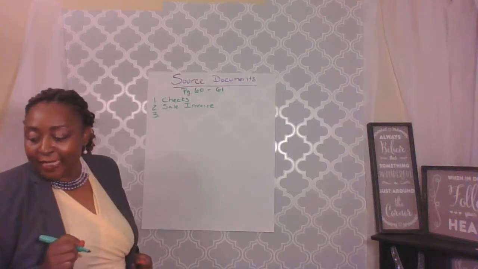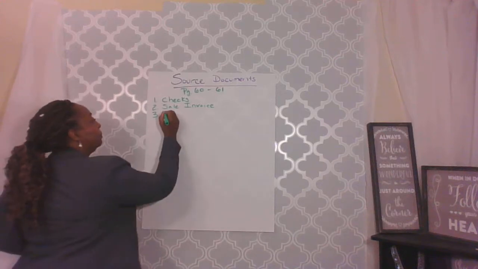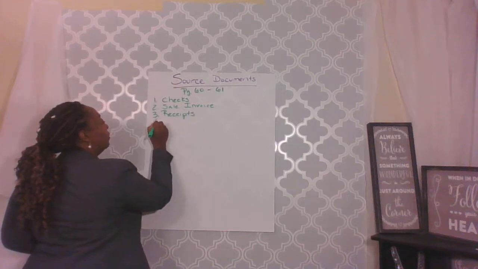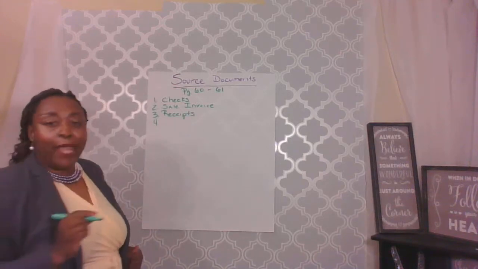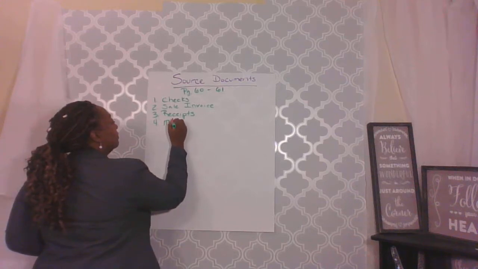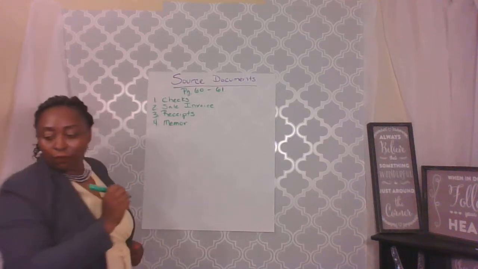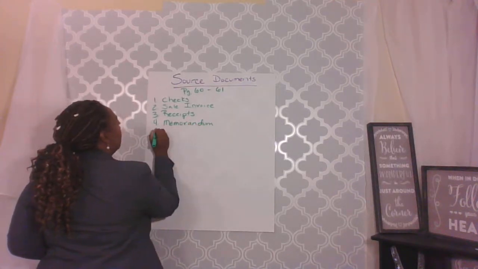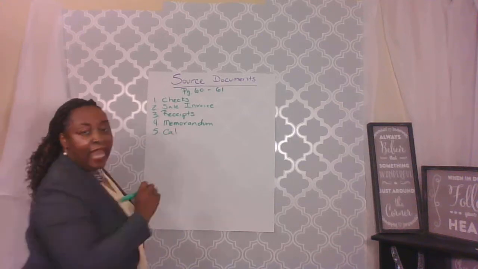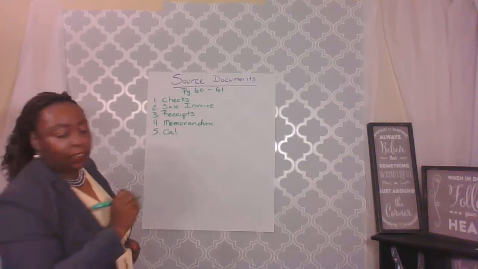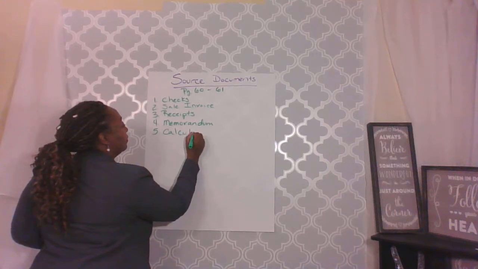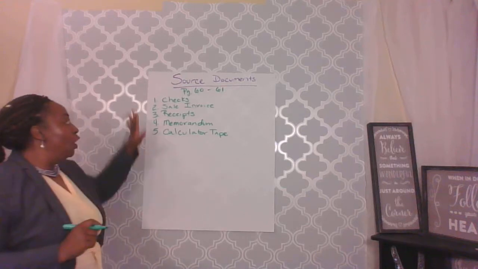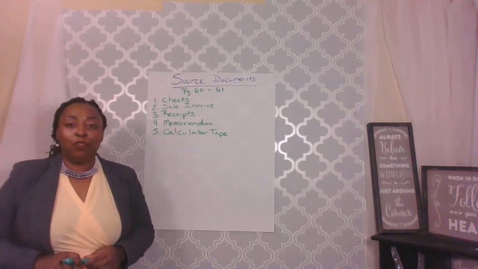There is receipts, which is now on page 61, memorandum, and calculator tape, which is on page 61. So the students need to know these 5 source documents.